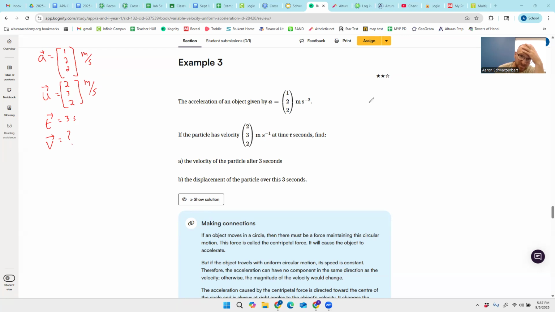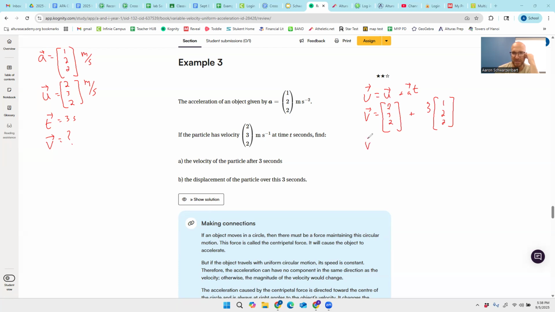So again, this is my equation. V equals U plus AT. U is 2, 3, 2, plus T is 3 times 1, 2, 2.